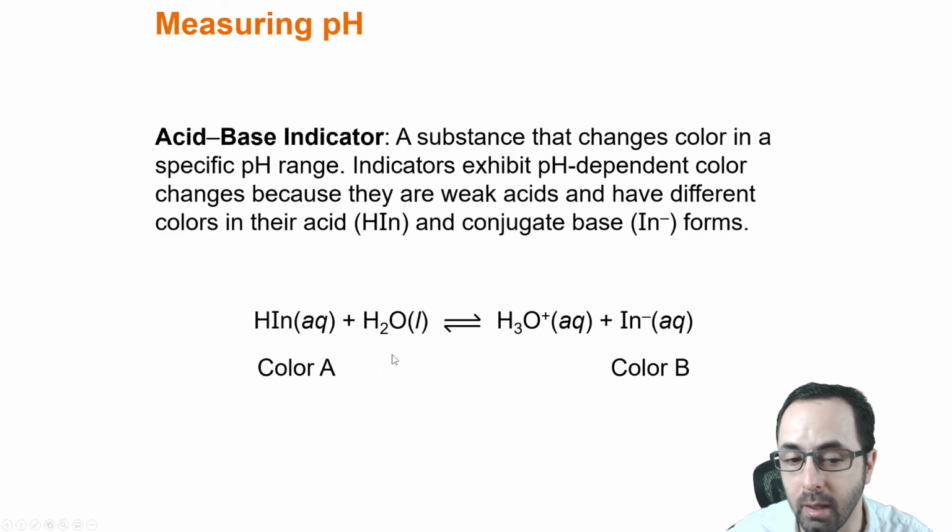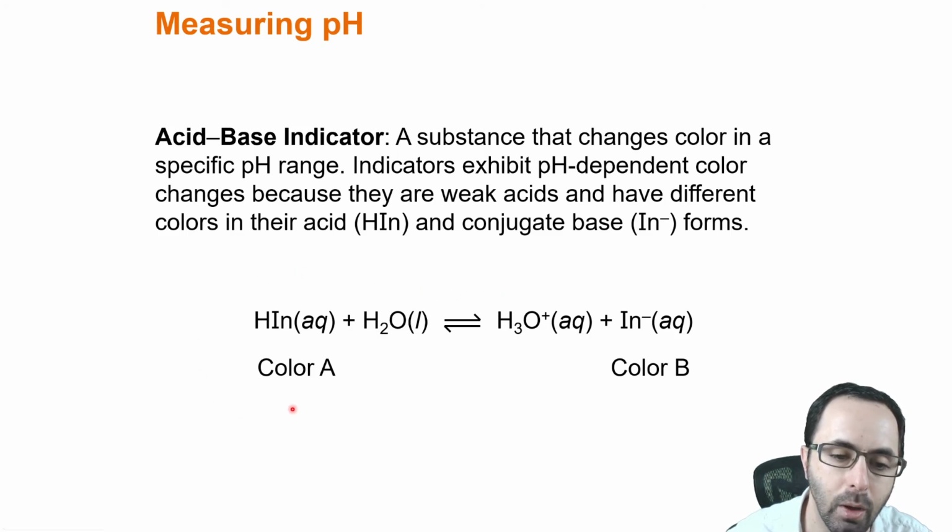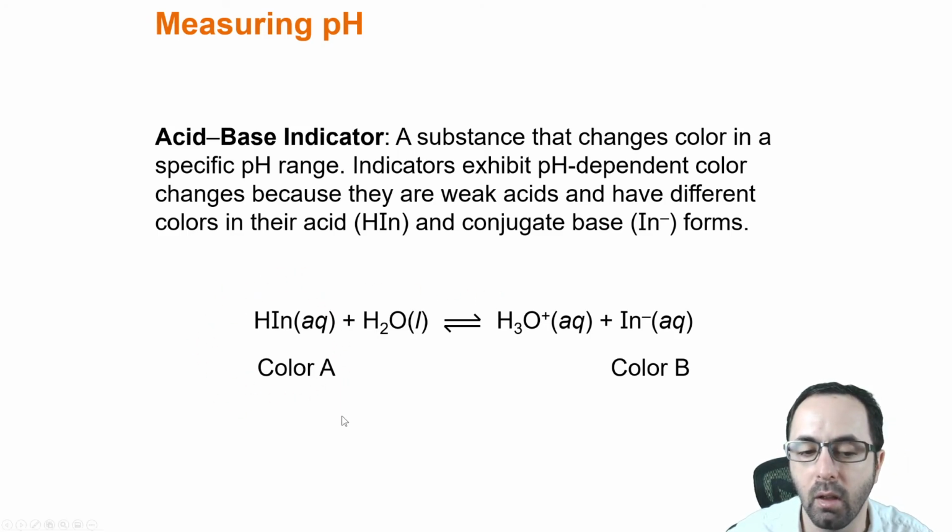Depending on the pH, you will have either the acid, which has one color, or the conjugate base, which has another. If you are increasing the pH past a certain point, you'll have the conjugate base, which will be a color. If you are decreasing the pH and making it more acidic, the reaction will shift this way, and you will get more of this reactant, and the color will be color A.